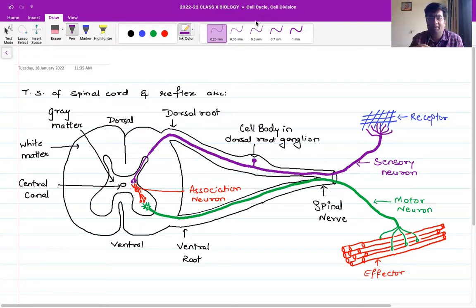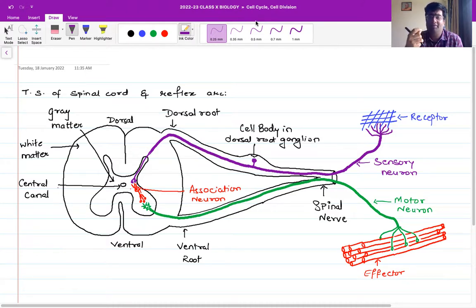Like for example, if you are playing football as a goalkeeper, and the striker of the opposite team kicks the ball towards the goal post, you will dive in that direction in order to prevent the goal from being scored. So this is a kind of conditioned reflex.